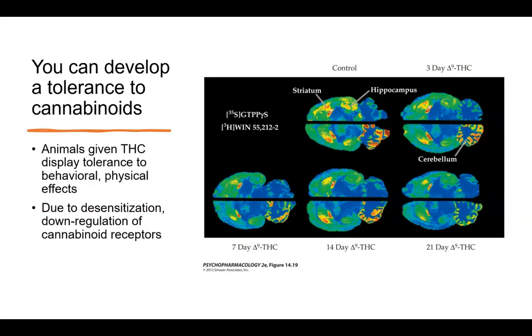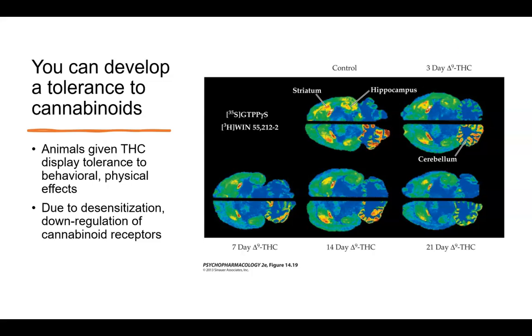You can actually develop a tolerance to cannabinoids. Researchers have found that animals that were given THC do eventually display a tolerance to the behavioral and the physical effects. And this is largely due to the desensitization and down regulation of cannabinoid receptors.